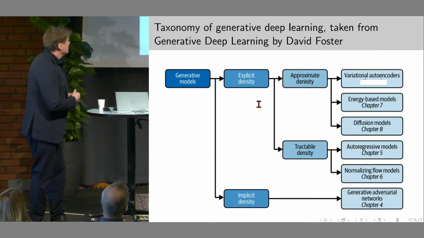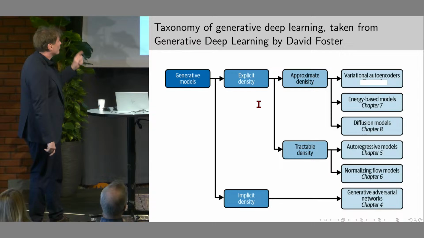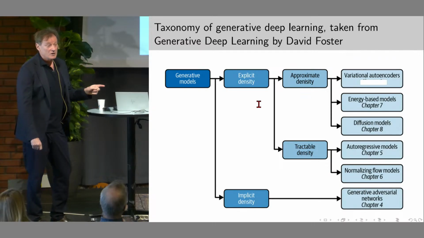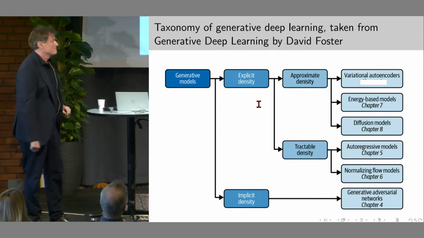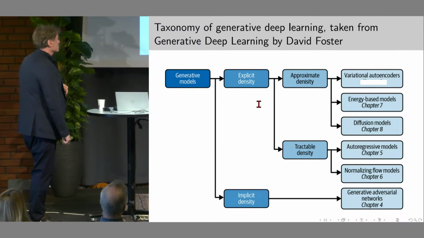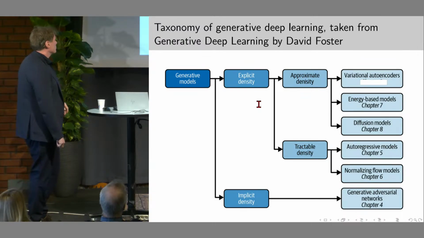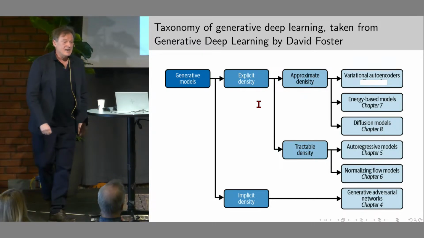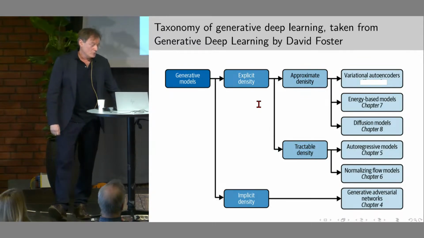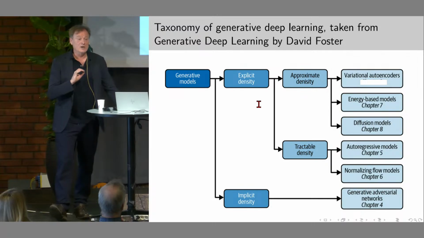Some of them deal with probability explicitly. Variational autoencoders are actually a class of what were called variational Bayesian methods. And then we have energy-based models, diffusion models, and many other models which deal with the probability in different ways. This is a set of methods which are widely popular and where there is a lot of research now.